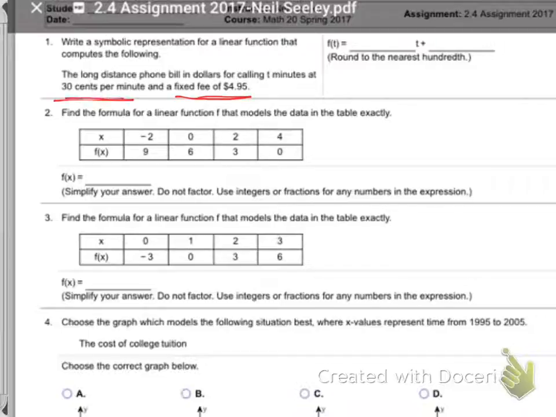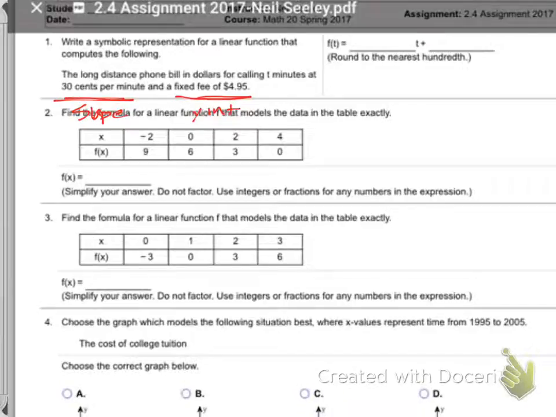So it's a really good time to get a sense that slope in a context is a rate of change, how fast something's changing, and it's generally the y unit per 1 unit of change in the x unit. Slope is often change in y per 1 unit change in x, and the y-intercept is an initial value, a fixed amount that you start with. So these are great places to see that.